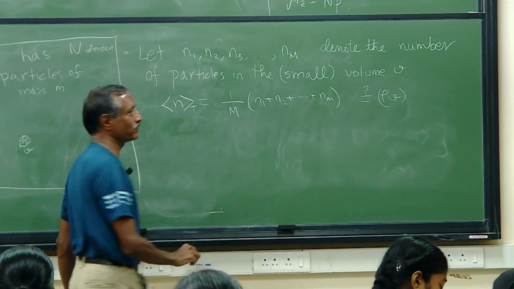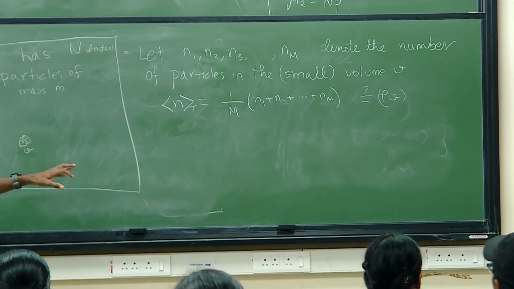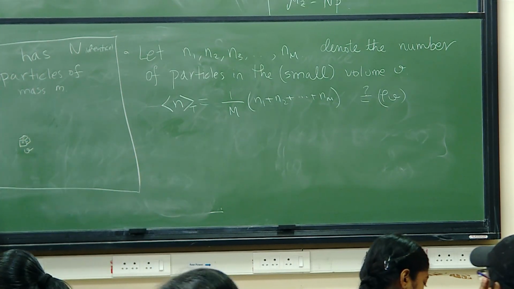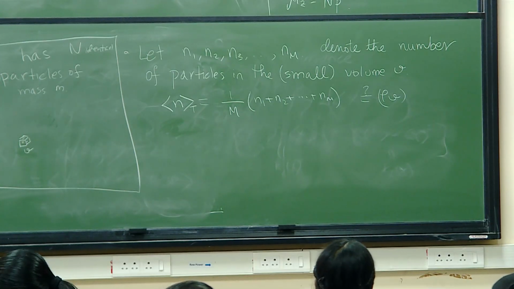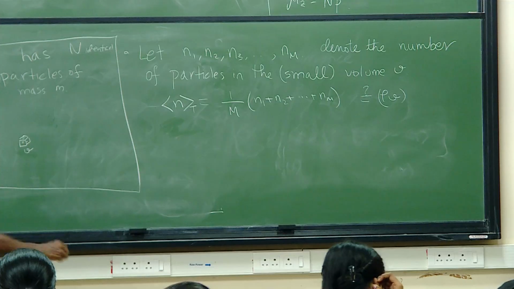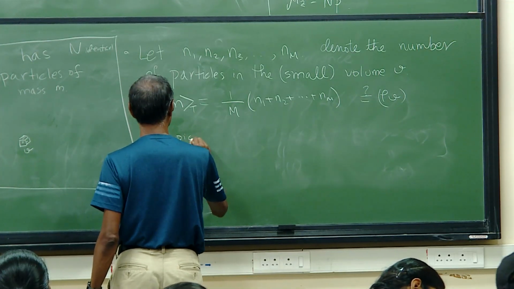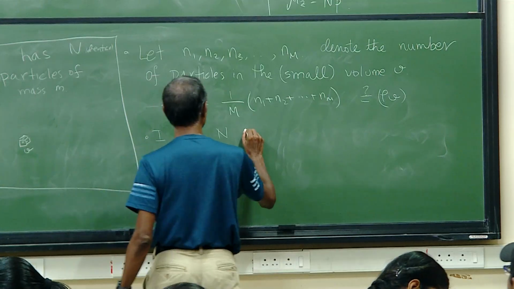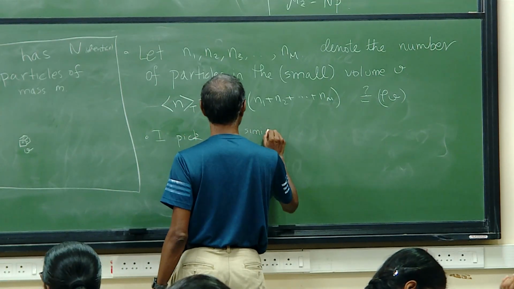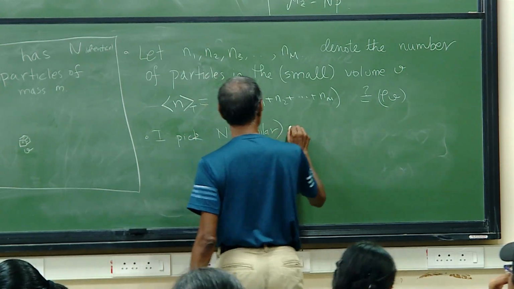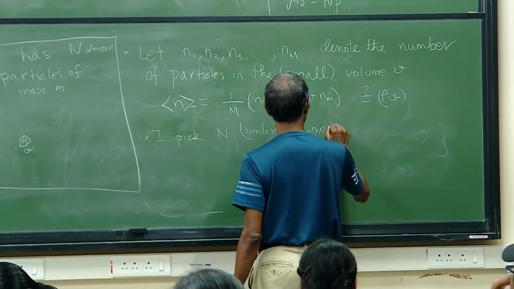So this is one experiment, and I put a T out here to remind me that it is a time average. I picked one particular volume and then I averaged. The second experiment is, I pick n similar volumes.